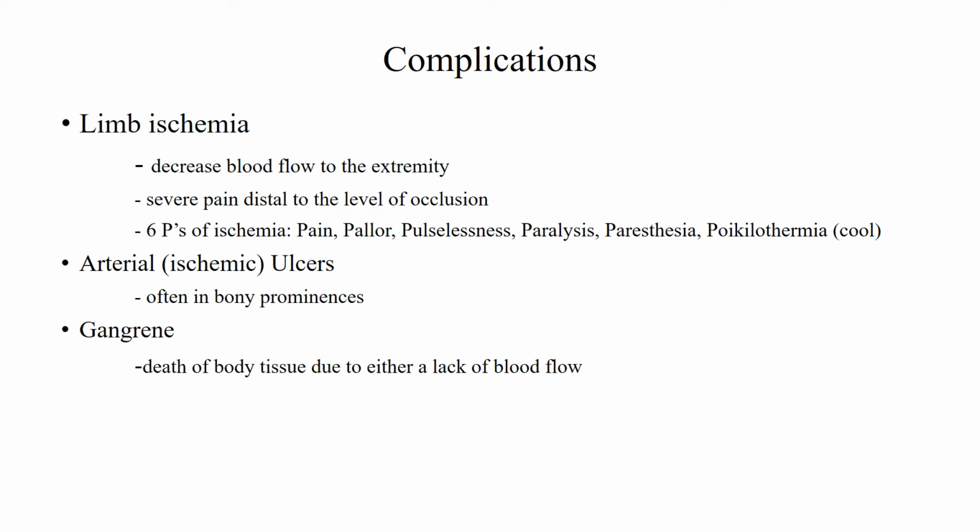The 6 P's signifying the presence of ischemia would be pain, pallor, pulselessness, paralysis, paresthesia, and poikilothermia, or the involved area is cool to touch. Another complication is the presence of arterial ulcers, most often in bony prominences.